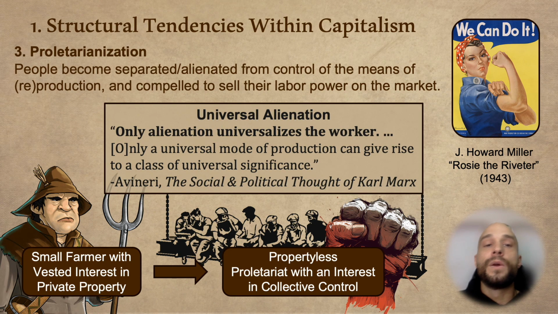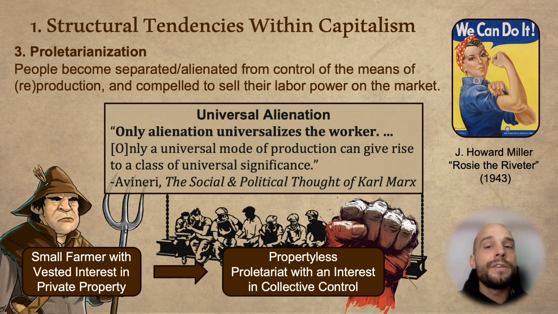All right. What Avineri emphasizes most in proletarianization is universal alienation. He writes, "Only alienation universalizes the worker. Only a universal mode of production can give rise to a class of universal significance." Alienation does not morally elevate workers, nor does suffering automatically generate revolutionary consciousness.